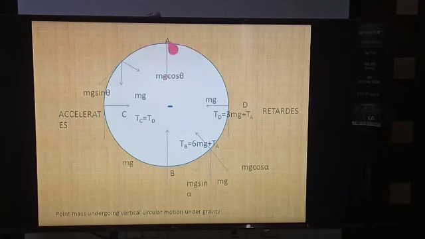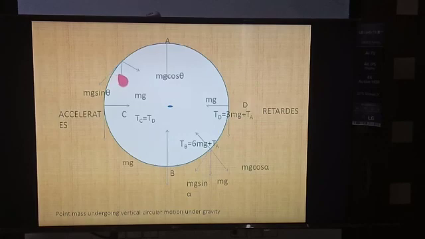Remember this: when it is whirled along the vertical circle, the bob performs vertical circular motion and the string rotates in a vertical plane.